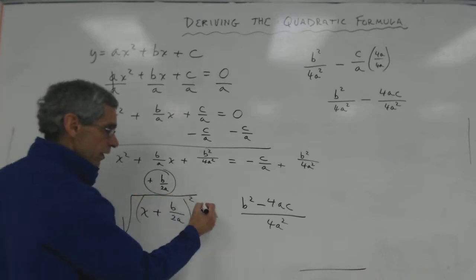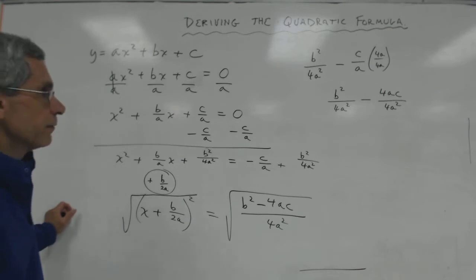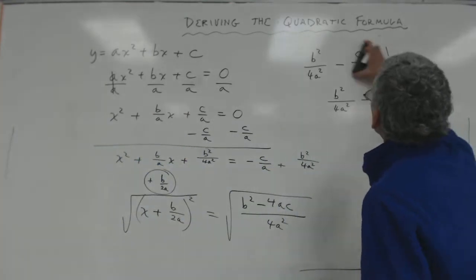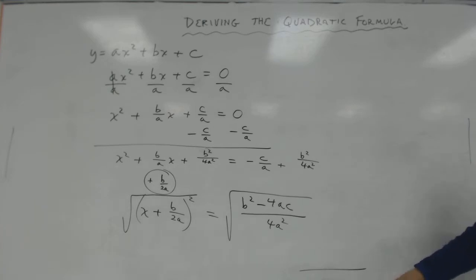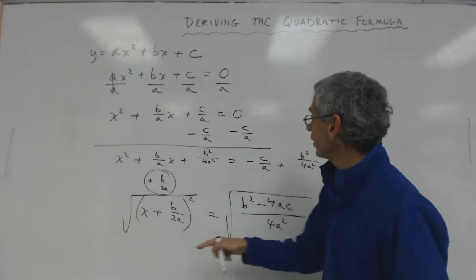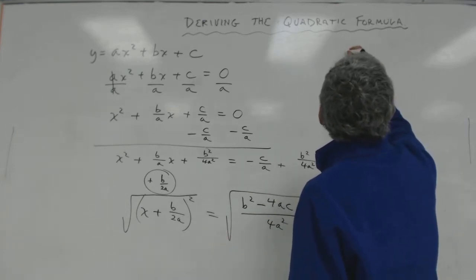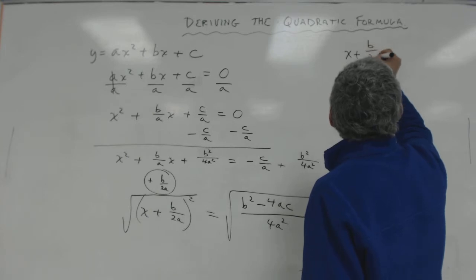We take the square root of both sides. I'm going to erase this part so I have room to move up here. On this side, the square root gets rid of the square, so I just have x plus b over 2a.